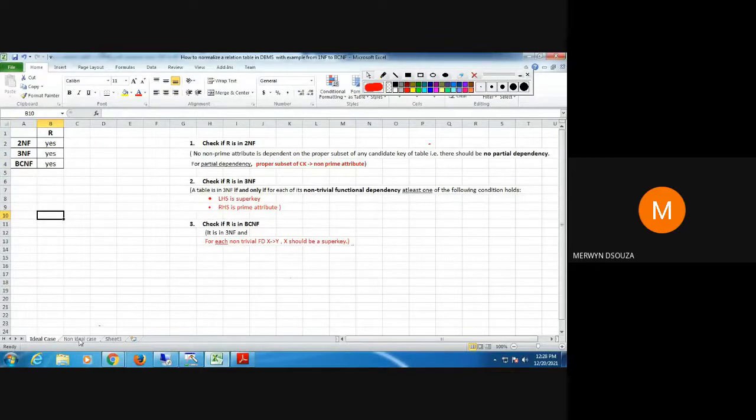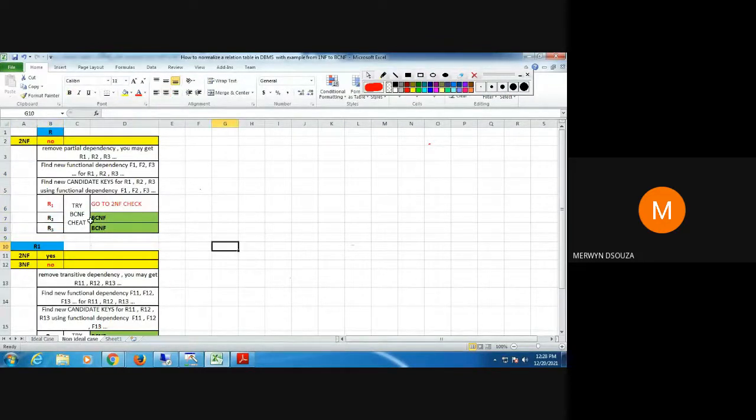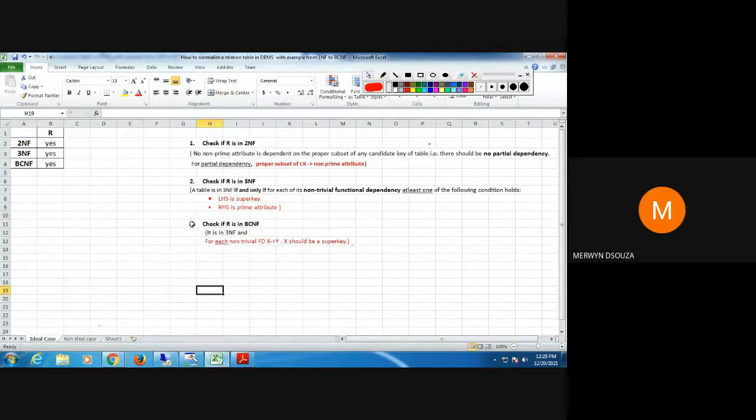But there's one trick involved here, and you can use that trick in your exams. I'm calling it a BCNF cheat, but it's not a cheat. It's actually the definition of BCNF. The definition says that for a relation R to be in BCNF, first of all, it has to be in third normal form, so we can assume that. But look at the second condition: for each non-trivial functional dependency X determines Y, X should be a super key.